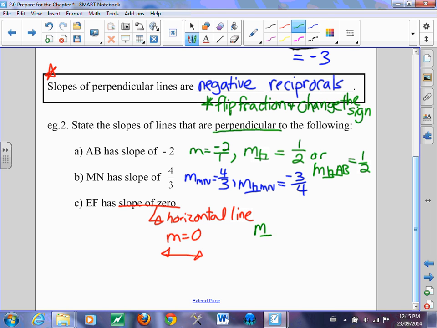So M perpendicular, that's going to equal what we call a vertical line. And we have to talk about the slope of a vertical line. Do you remember what it's called? Okay, so slope perpendicular equals undefined slope.